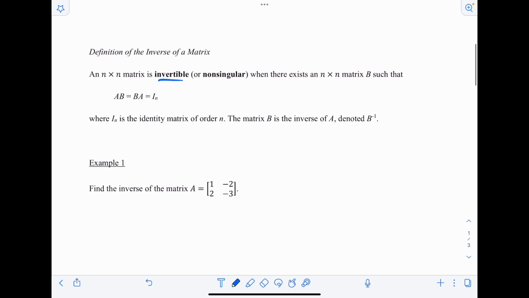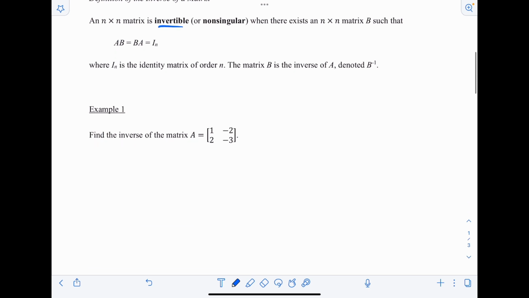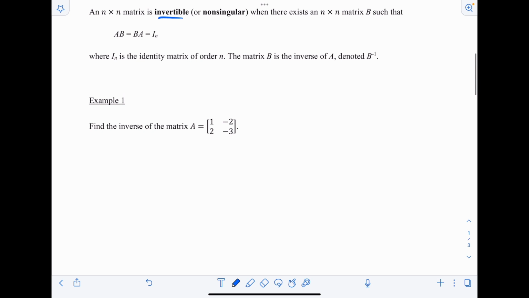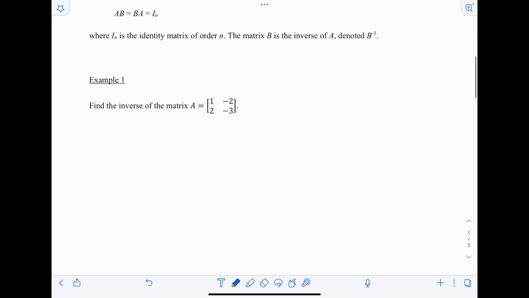So how does this work then? Let's say I want to find the inverse of a matrix. This is all true, that we've got a matrix and its inverse, but how do we find the inverse? Very simply, we keep in mind this idea that a matrix times its inverse gives us the identity.